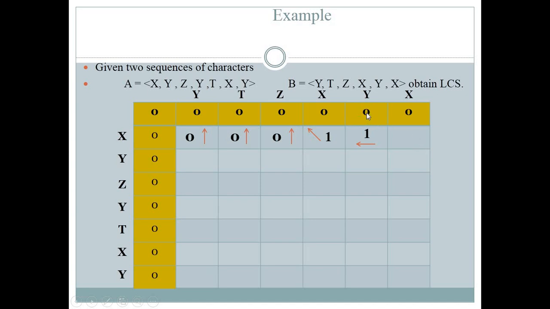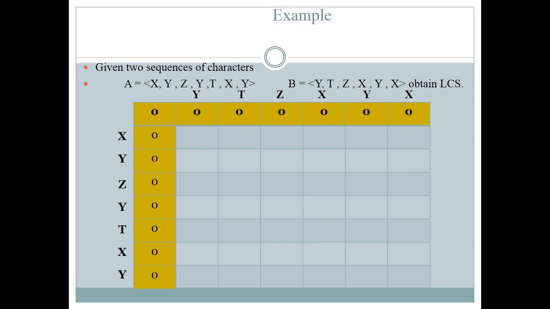The diagonal is 0, so we will add 1 to it. So 0 plus 1 will be 1, and this cell's value will be 1 with the tilde sign. Okay, so this is the first row for matching the two sequences.